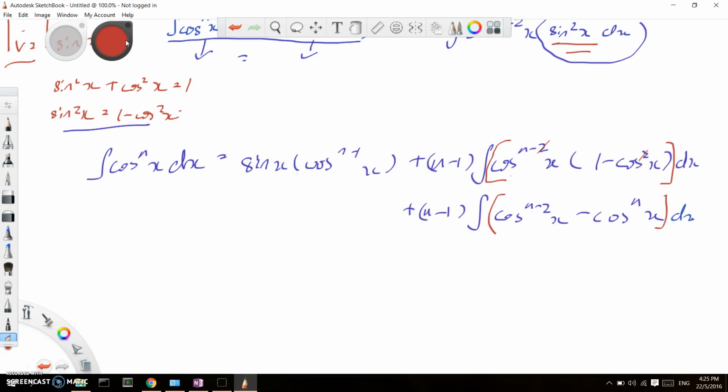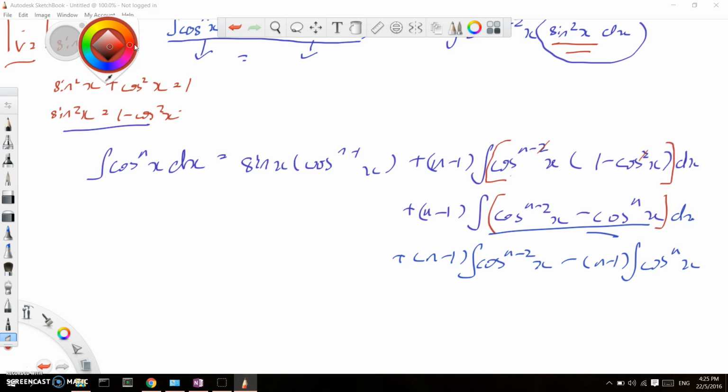Okay. So after this, we can split this apart by doing this. Do not forget the dx at the back here. So, yep. Okay, so we've gotten somewhere.